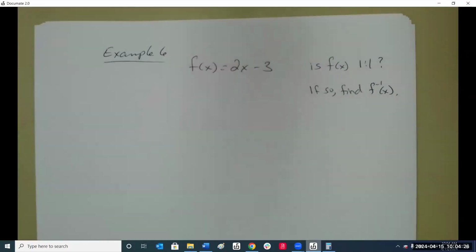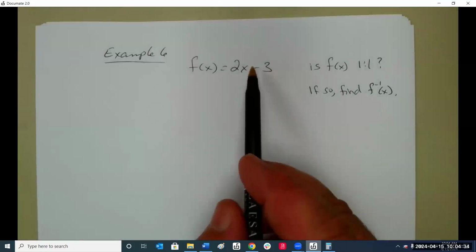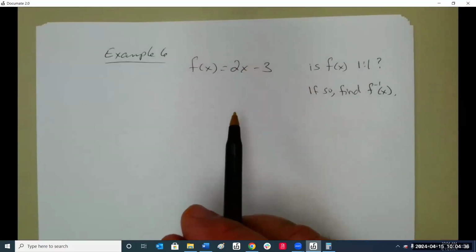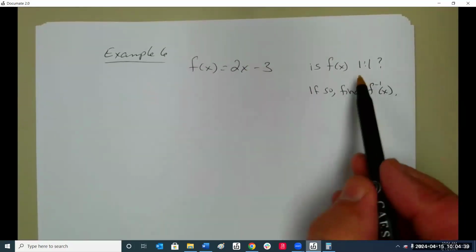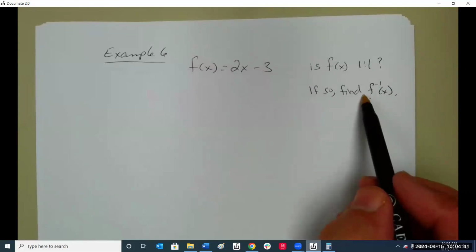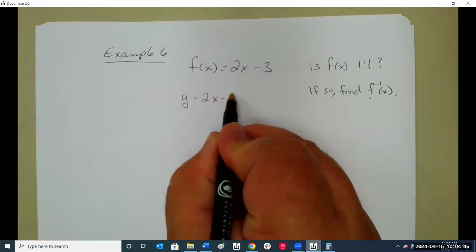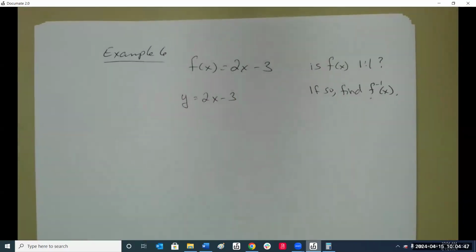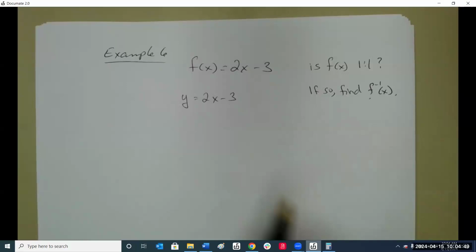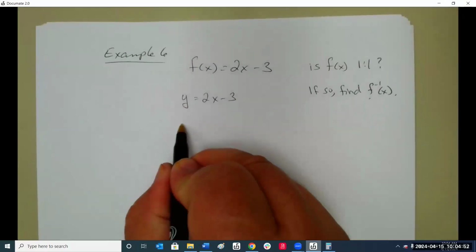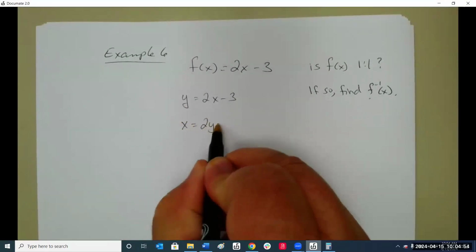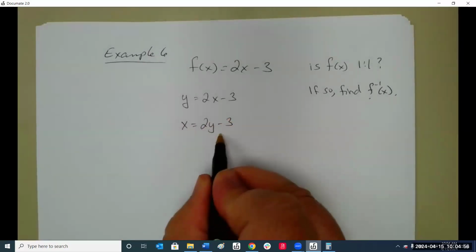So is it 1-to-1? How do we know it's 1-to-1? What kind of equation is it? It's linear. All linear equations are 1-to-1. So it is 1-to-1, so we have to find the inverse. First step, switch x and y and solve for y.